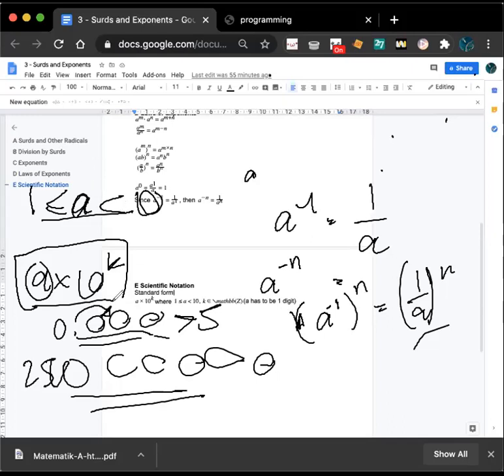And then have the rest of the decimals or the zeros in the form of powers of 10. For example, if you have this number, then you turn it into 7.5 times 10 to the power of -4, since you move the decimal four places.